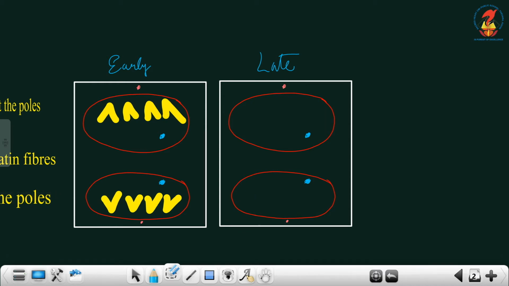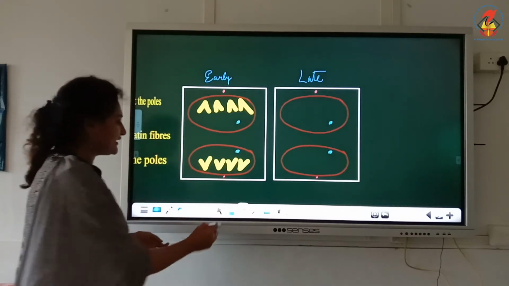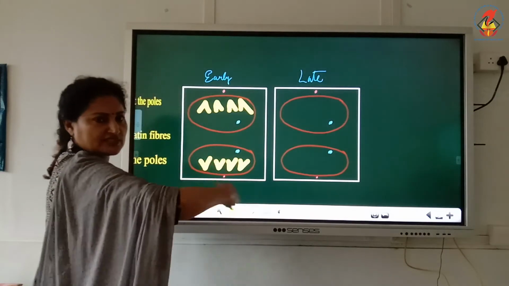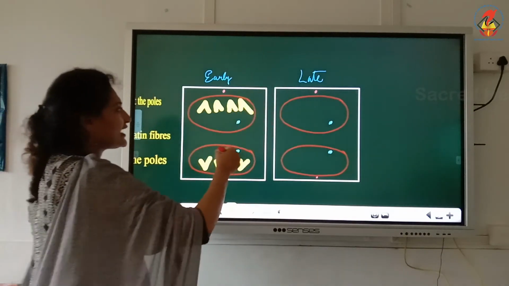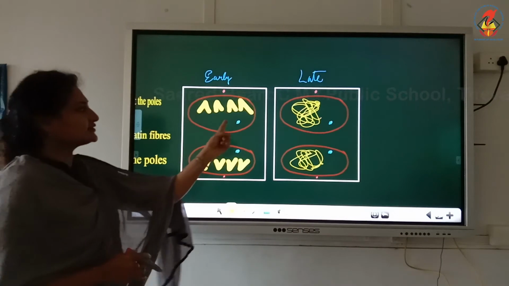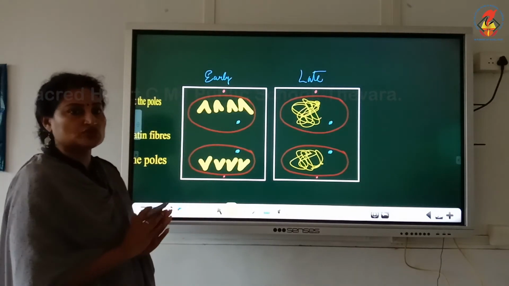The chromosomes do not condense further. Now it becomes the opposite, they elongate and become fine threads. They get so elongated that they become fine threads. 1, 2, 3 and 4 chromosomes here, 1, 2, 3 and 4. So this is the situation of the late telophase. The difference between early and late is with respect to the chromosomes.